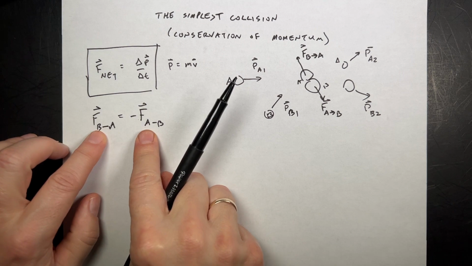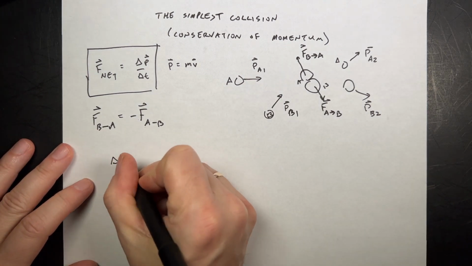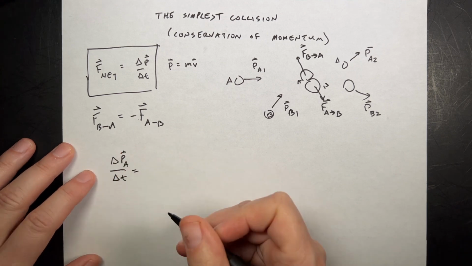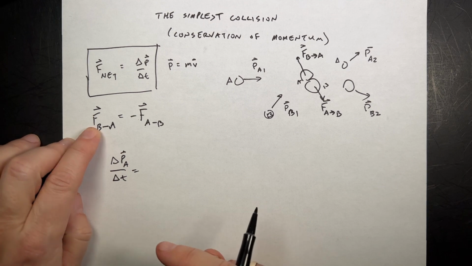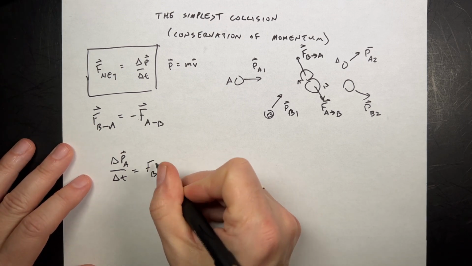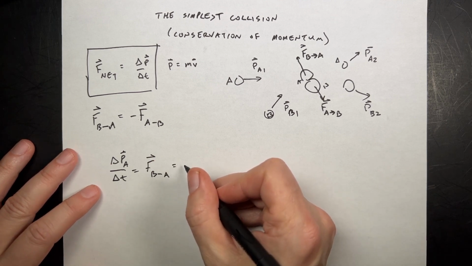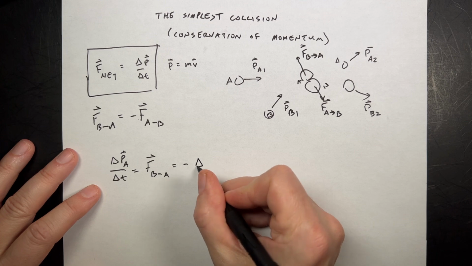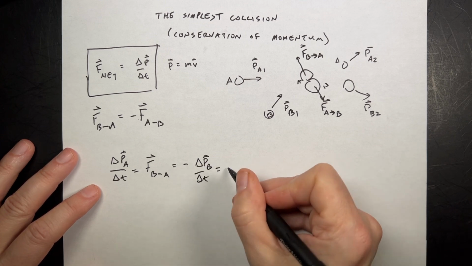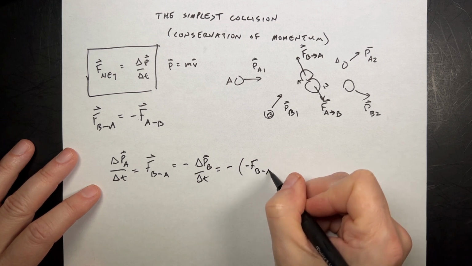So if that's true, and I look at object A, I can say the change in momentum of object A with respect to time is going to be the force. If that's the only force acting on it, it's FB on A, which is equal to negative the change in momentum of B with respect to time, which is equal to negative of negative FB on A. Right.